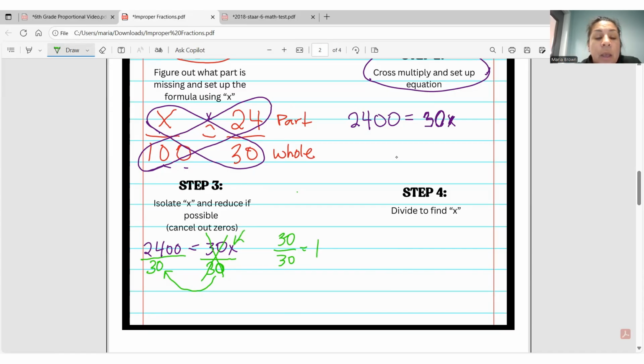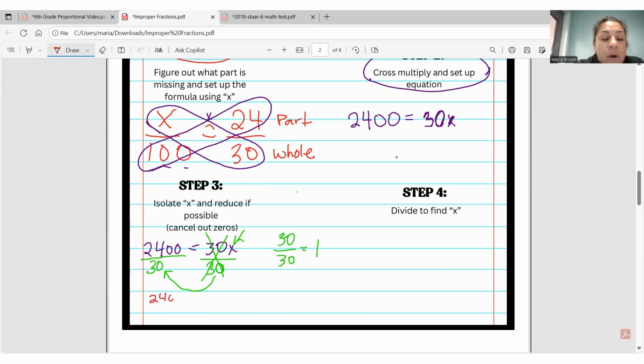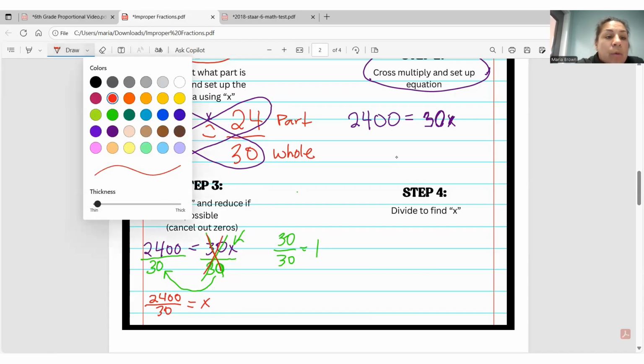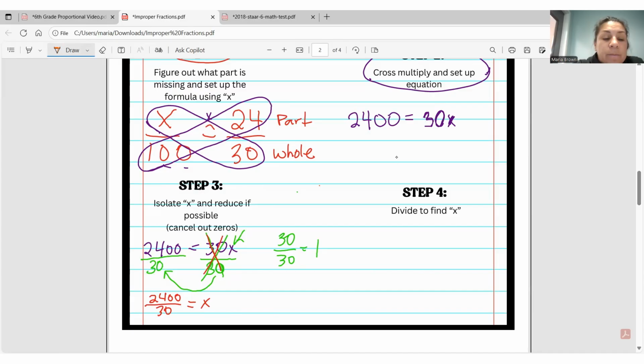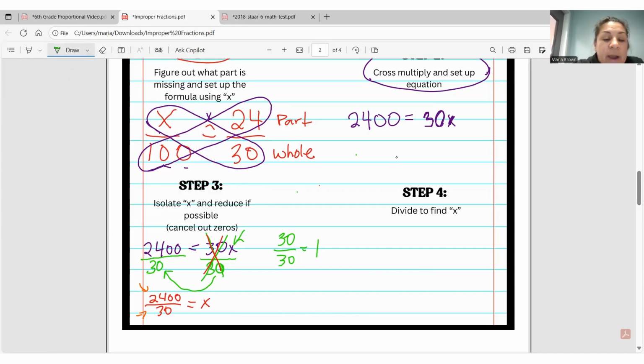We have it all to one side and x is by itself now, so let's rewrite it. 2400 over 30 equals x, because we got rid of this. Now we're going to see if we can reduce. If we take this top number and this bottom number and divide by 10, it will give us a lower number. It's a common factor that they have.